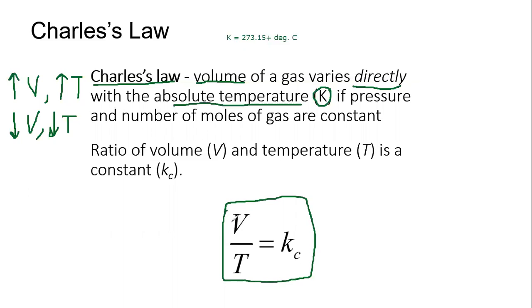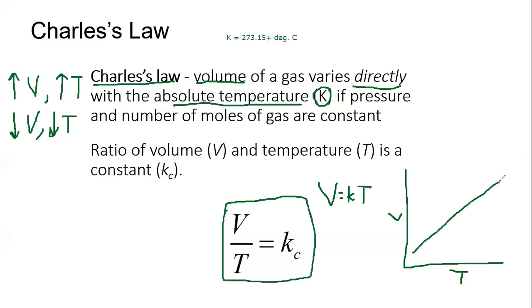Boyle's law was V equals K. Charles's law is V over T equals K. And so if we rewrite this, V equals K times T. If we were to plot volume versus temperature, we would get a linear relationship, and the slope equals K.